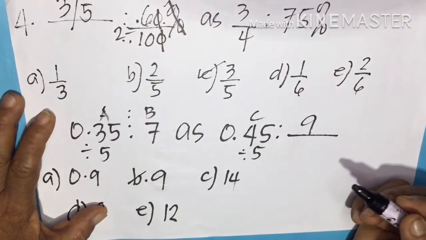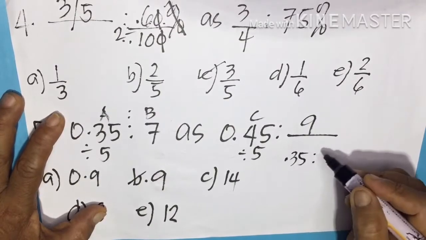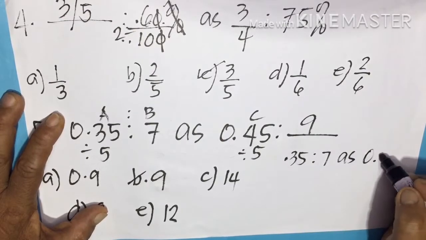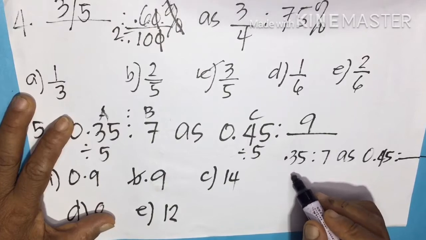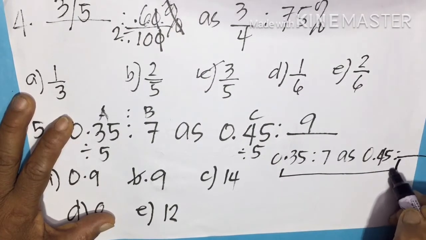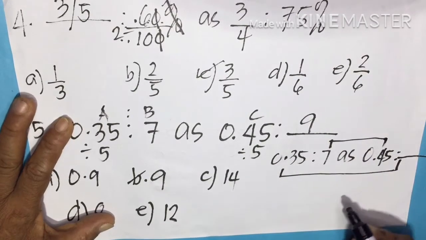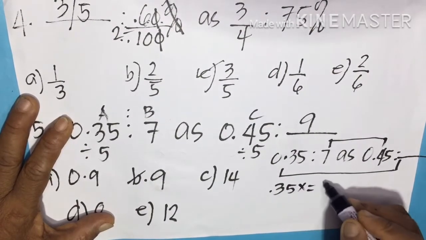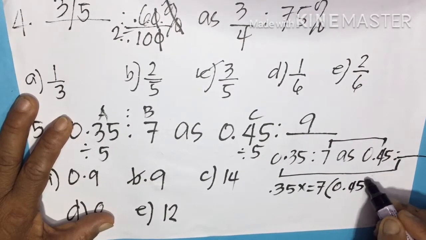Another way of solving is 0.35 is to 7 as 0.45 is to blank. So the partner of 0.35 is X and 7 is 0.45. 0.35x equals 7 times 0.45.